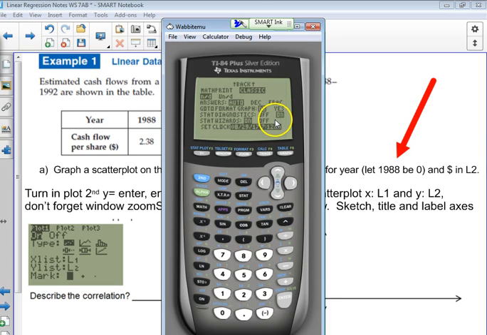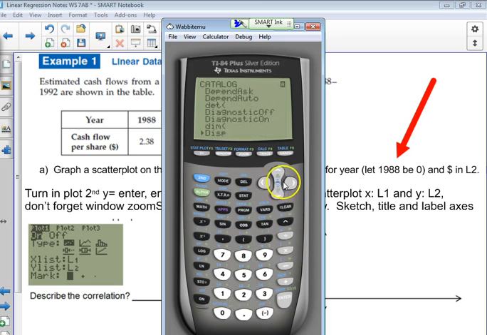If your calculator doesn't have this when you go to Mode, the other way to turn this on, and everybody could do it this way if they wanted, is to go second 0. Second 0 is a catalog that lists every feature of your calculator in alphabetical order. We want to scroll down until you find Diagnostics On, which is in the D's.